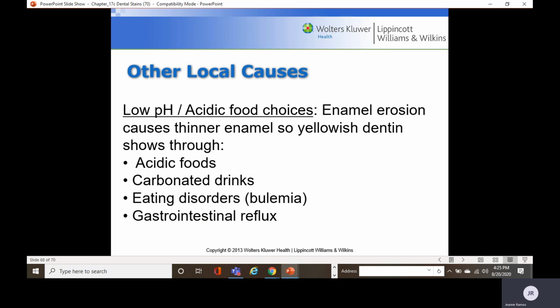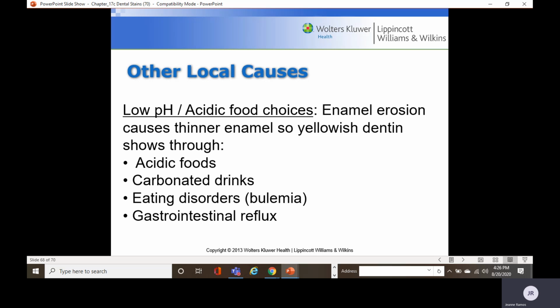So other local causes: very low pH, like acidic foods. They have a very low pH, under 7.4. When they get down to like a 3.5 or a 4.5, I think it's between 4.5 and 5.5, that's when enamel can start to destroy and decay.